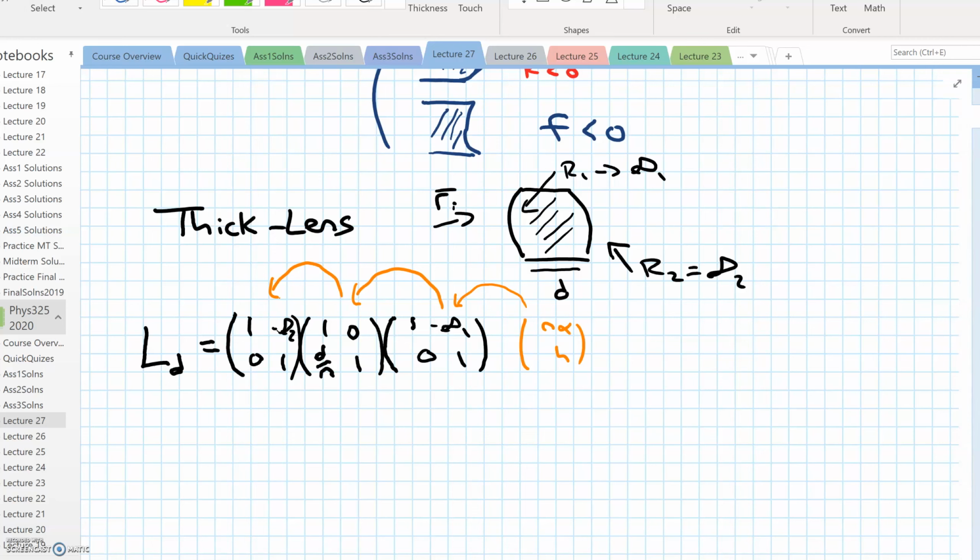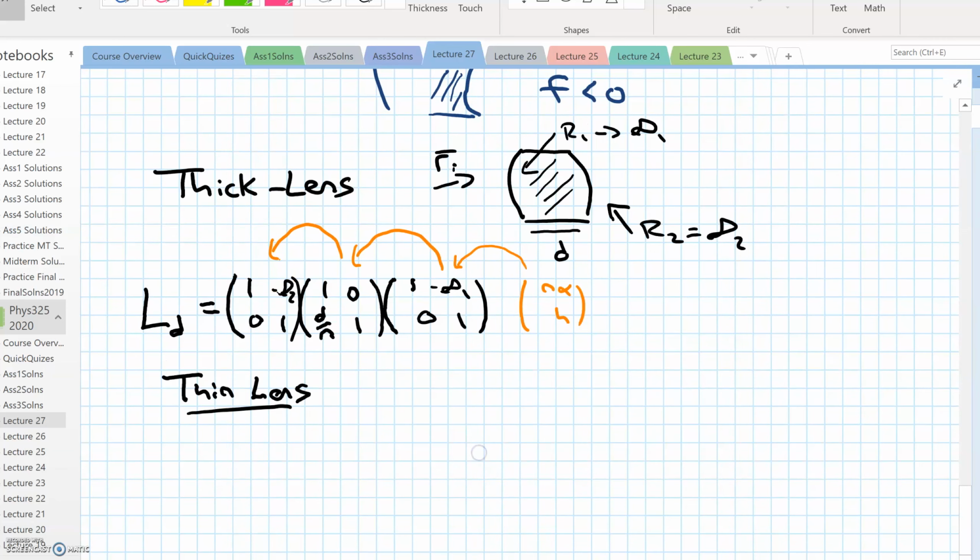But we can also apply the matrix corresponding to a thin lens when we're going to look at multi-element systems. So a thin lens is merely one with d equal to 0.